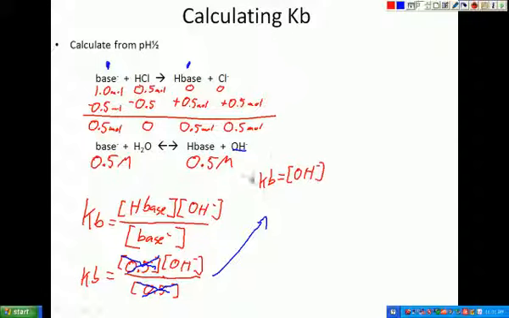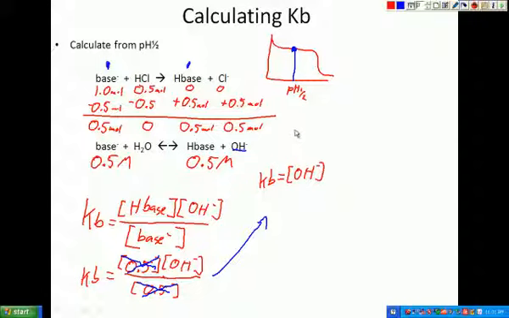Okay? But please remember that it's not just Kb equals any old concentration of OH. Kb equals the concentration of OH only at this point right here. Okay, again, Kb only equals the concentration of OH right at that point right here, and at that point right there is your pH half.